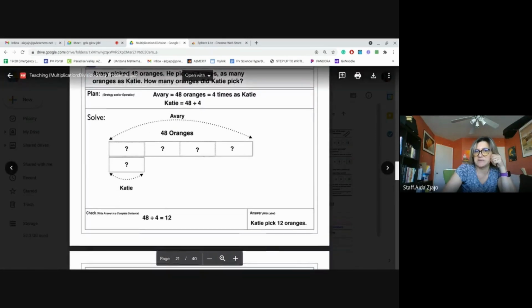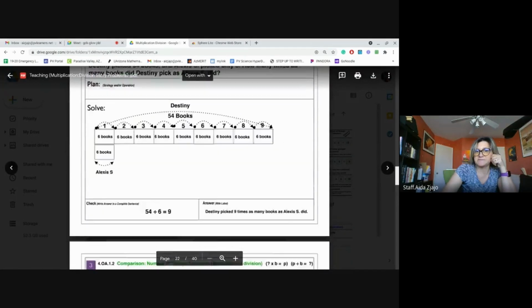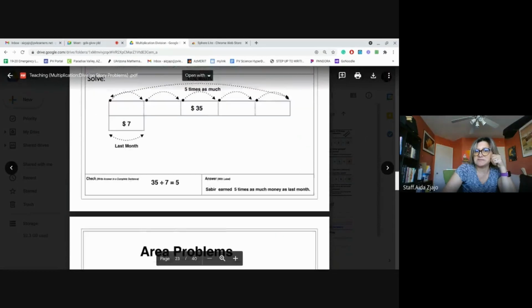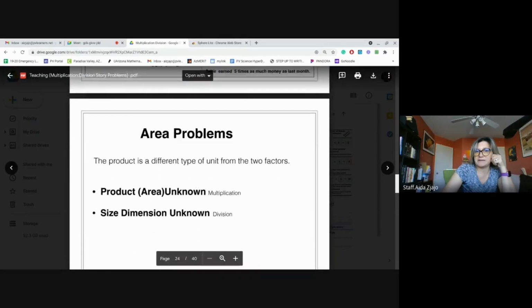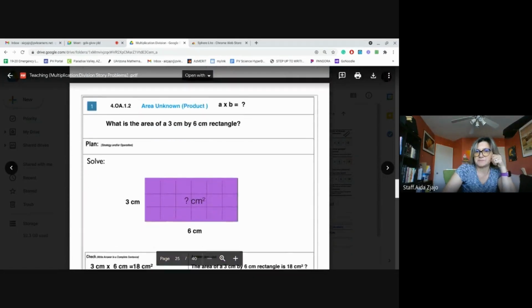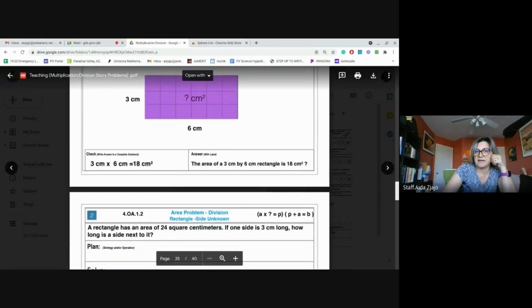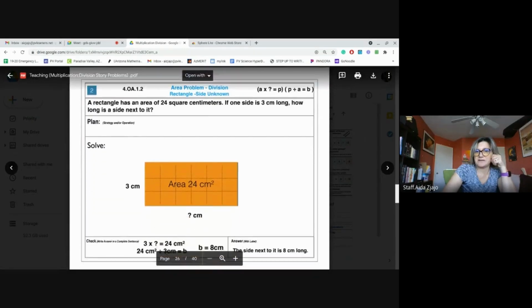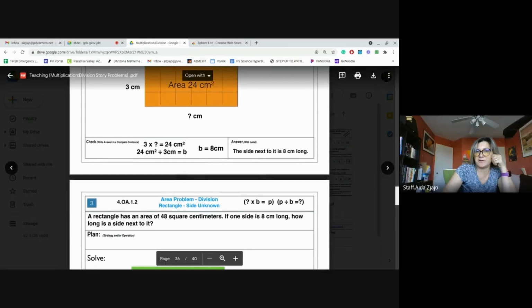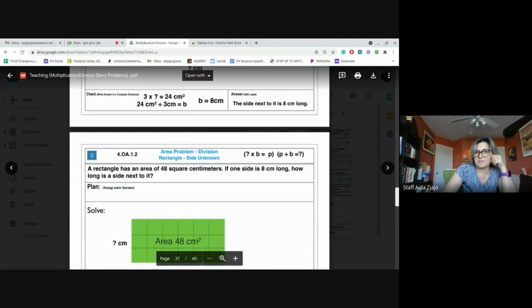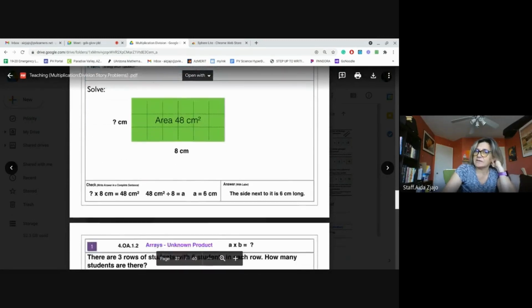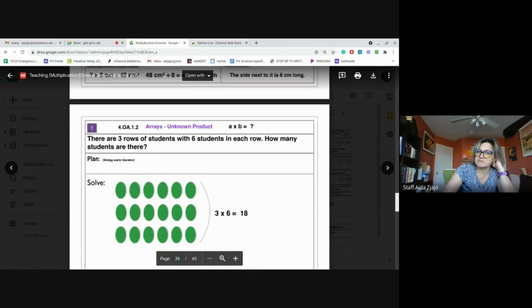These are comparison problems. As you can see, I also created an area model. You can see the key for how you can find the area, and if a length is missing, how you can help students.